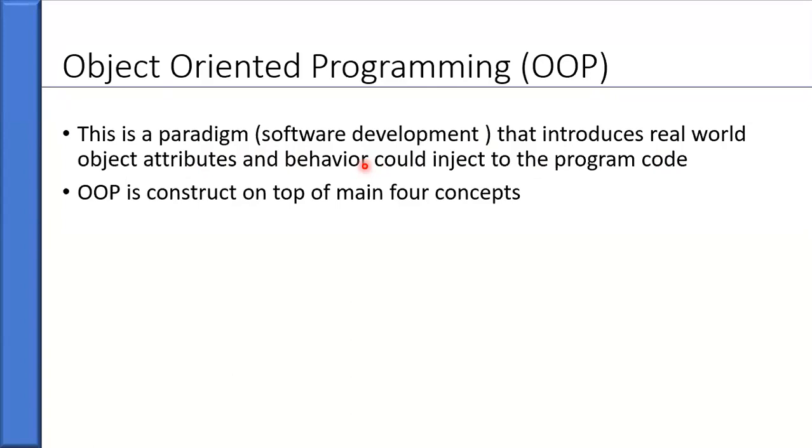Now object-oriented programming is on top of mainly 4 concepts. I'll just skim these concepts, so you will learn later on. But mainly there are 4 concepts. First one is abstraction.